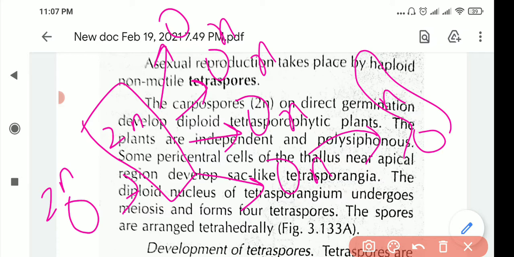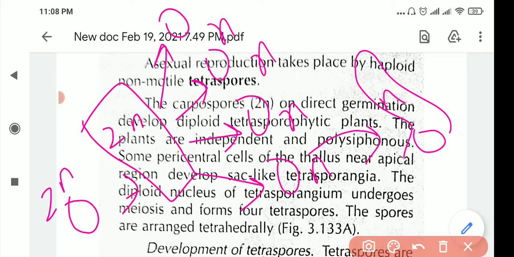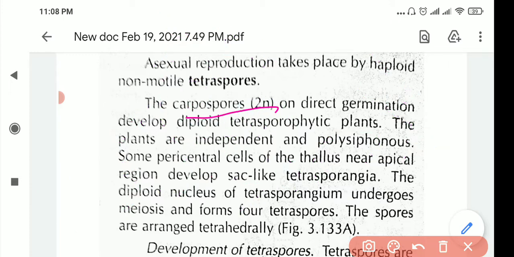Alright, so let me read again. Asexual reproduction takes place through non-motile tetraspores. The carpospores will directly germinate into diploid tetrasporic plants, which are independent and polysiphonous. Okay, many pipes. Then some pericentral cells of the thallus near the apical region develop sac-like tetrasporangia.